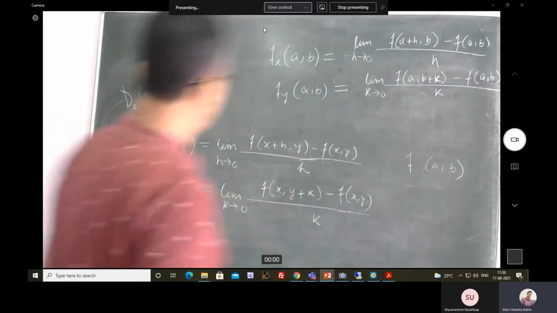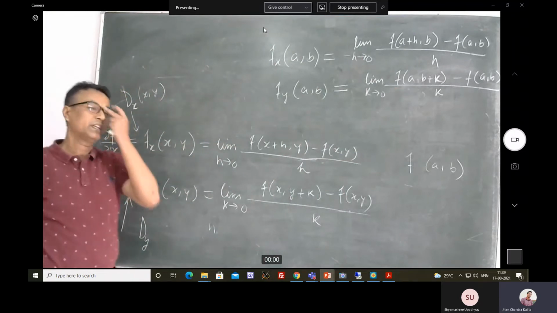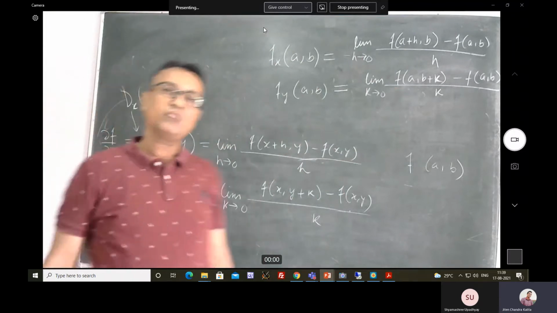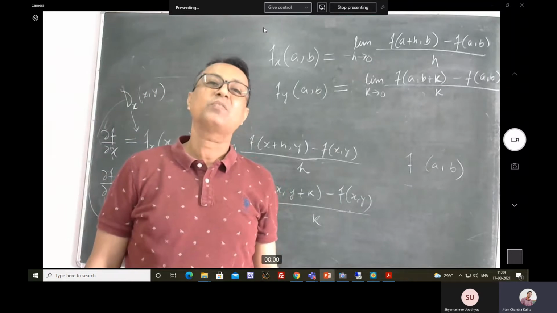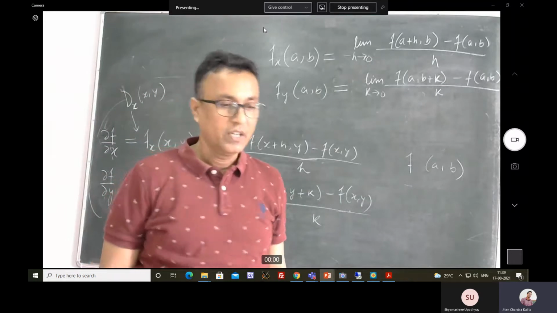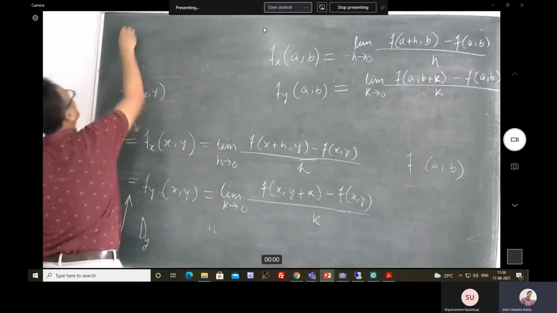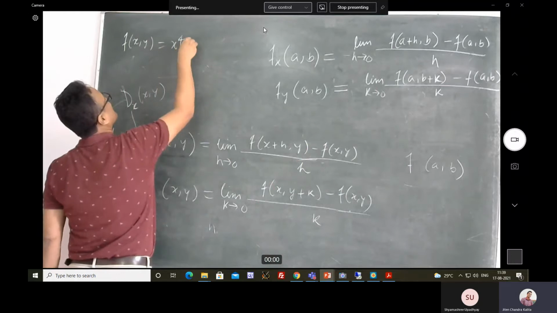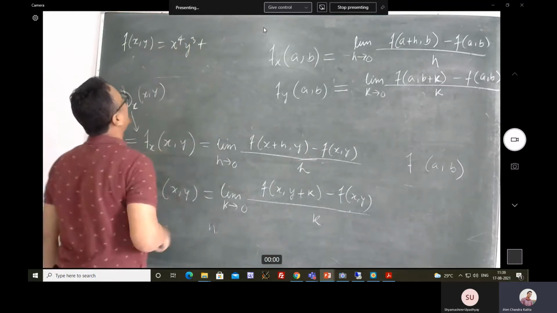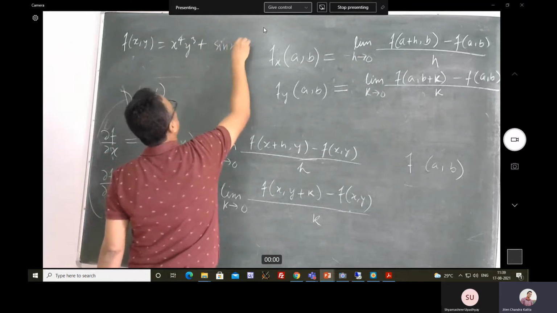Okay, so now if you have a look at the definition itself, in order to find out the partial derivatives, what we did was simply consider one of the variables as a constant. For example, suppose f(x, y) equals x to the power 4 y cubed plus sin(xy).